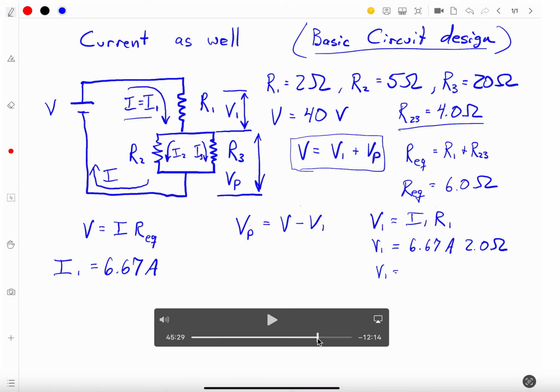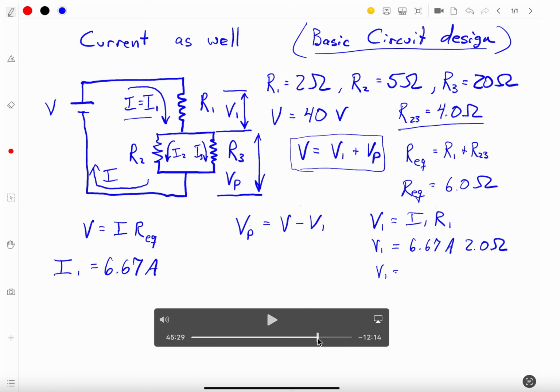If you notice the boxed equation, the total V has to equal the voltage drop across R1 plus the voltage drop across the parallel resistors. Solving that for VP, we get VP equals V minus V1.